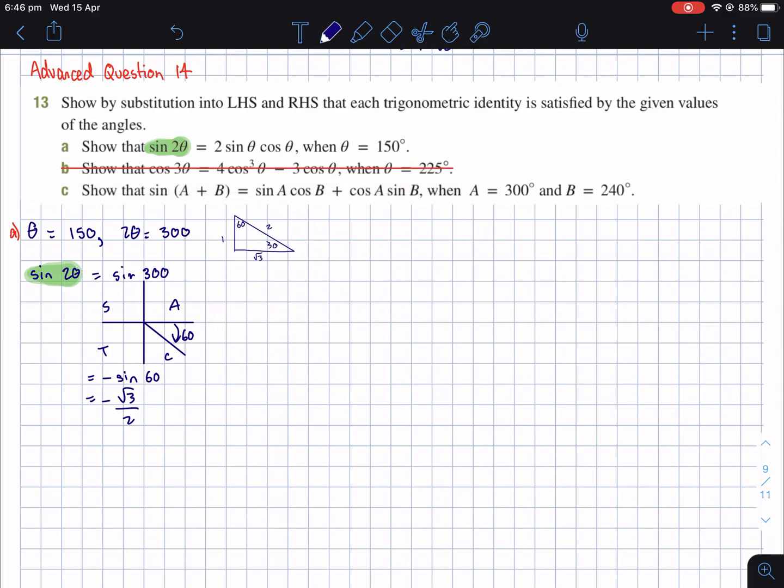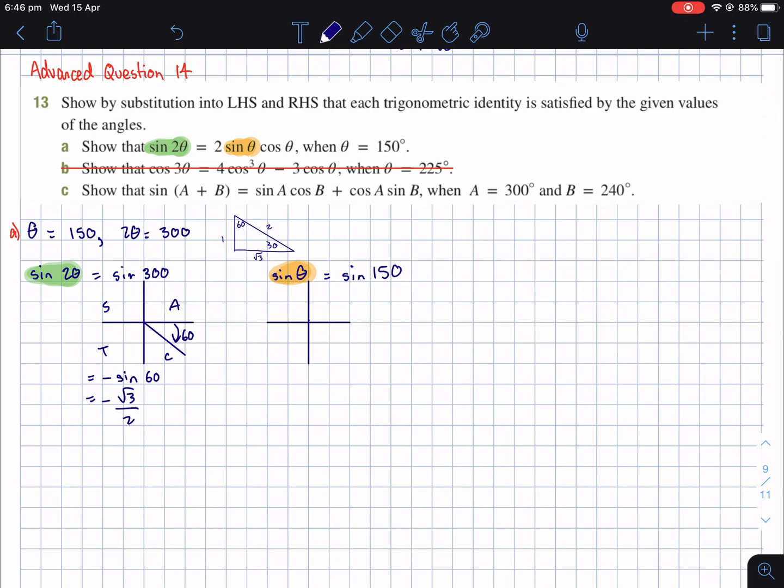Now, I also want, in this question, sine theta. So let's figure that out. Sine theta, which was 150. You probably don't need to write this out. I really hope you don't by now because we've done it so much.